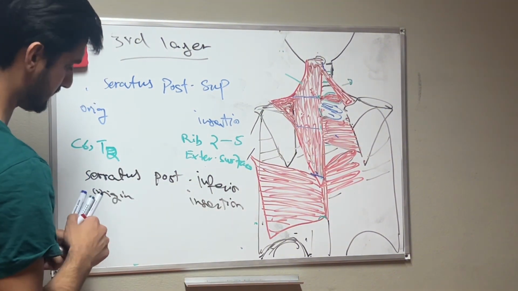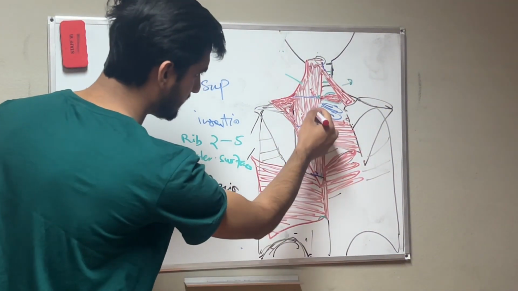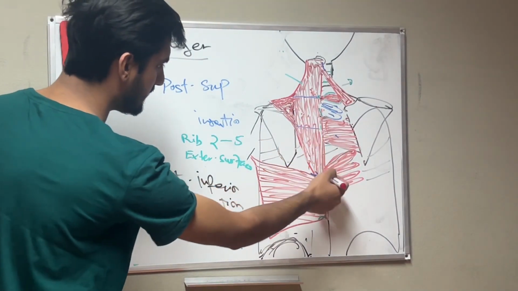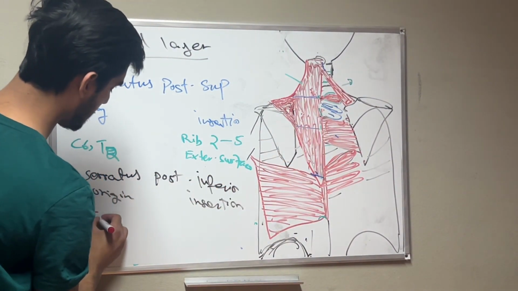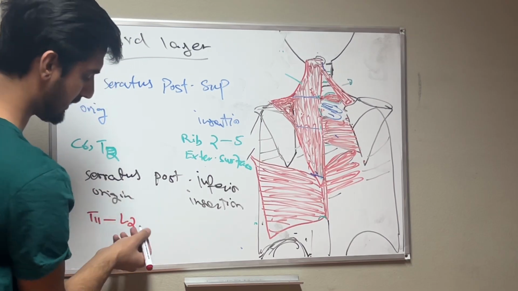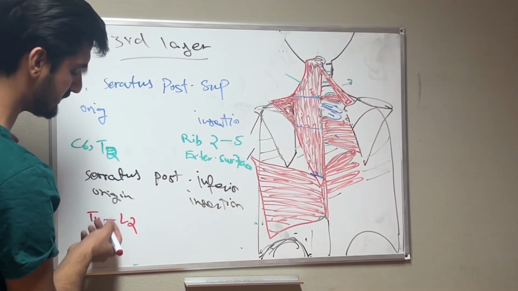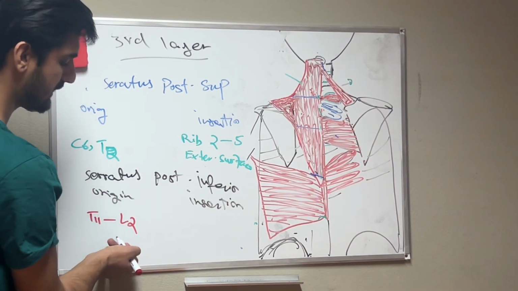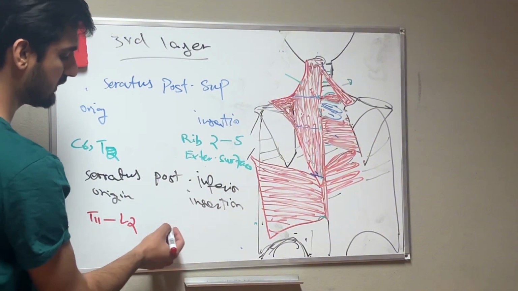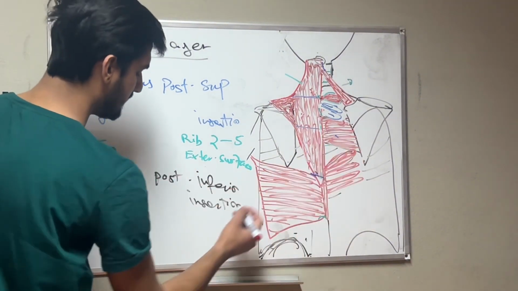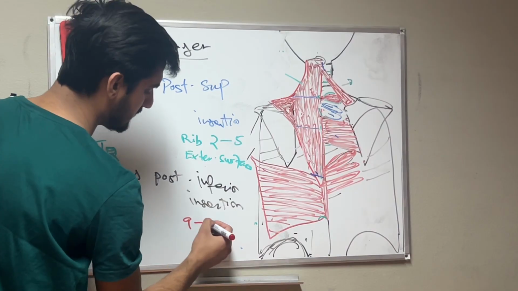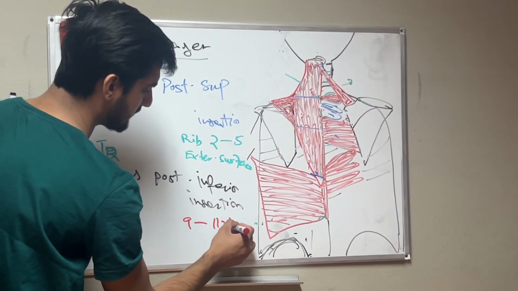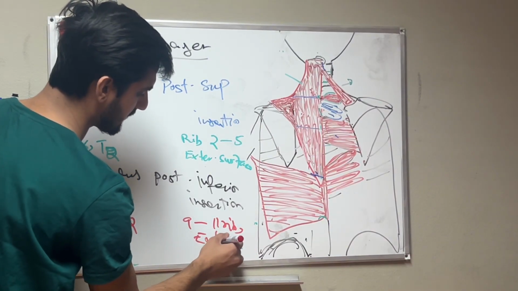Okay, simple. Origination from here, T11 till L2 lumbar vertebra, thoracic vertebra 11 till lumbar vertebra 2, and inserted into the 9th till 11th ribs external surface.